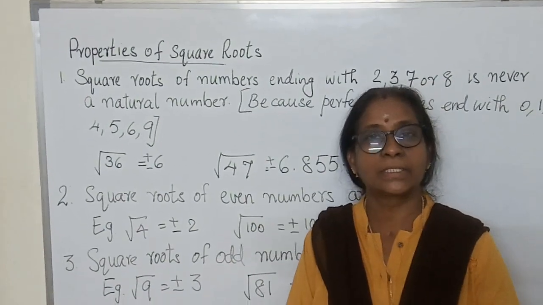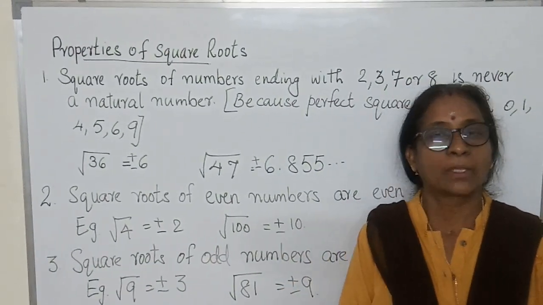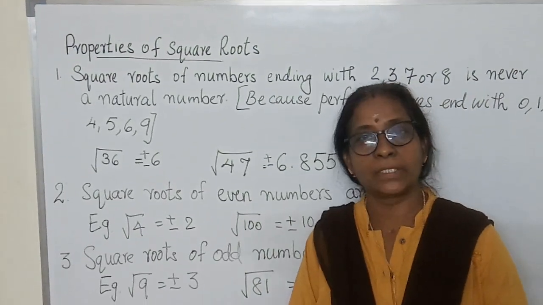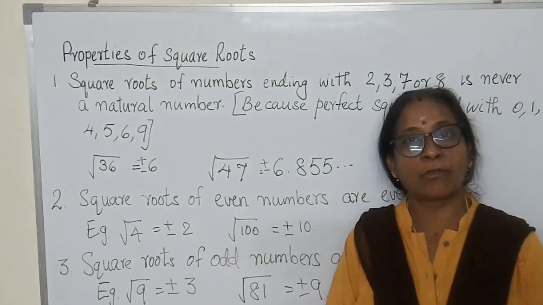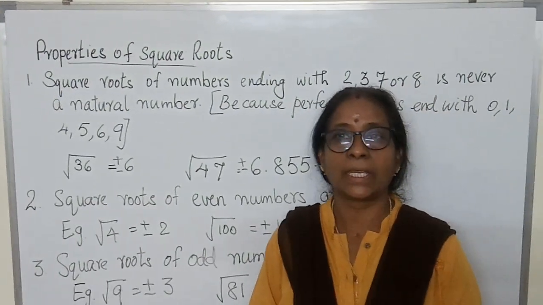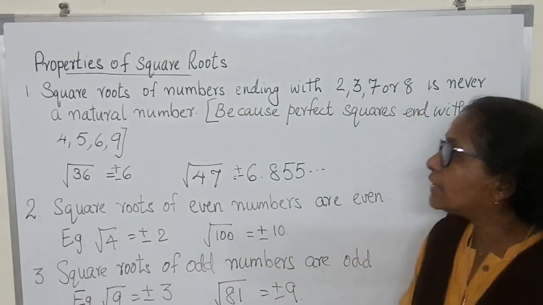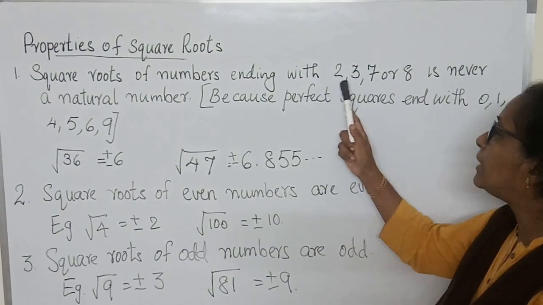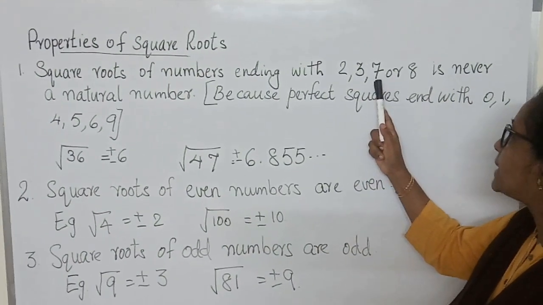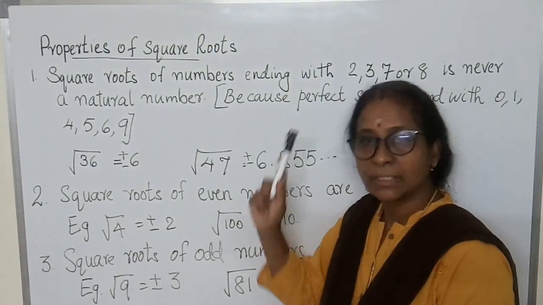Now let us see some of the properties of square roots. Almost all the properties are related to squares, which we have already learned. The first property is that the square root of a number ending with 2, 3, 7 or 8 is never a natural number.